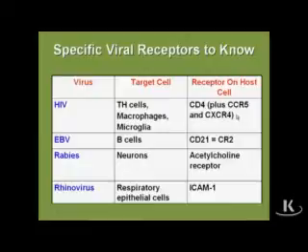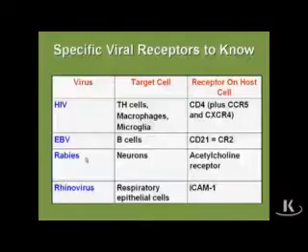Now, Epstein-Barr virus, also essential to know that EBV is targeted to B cells because it uses the CD21 molecule as its host cell receptor. So it is targeting the B cell because it expresses that CD21. The rabies virus actually uses the acetylcholine receptor, and that's what helps it get into the neurons.